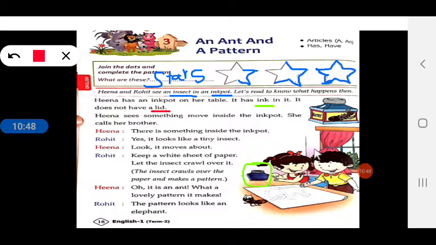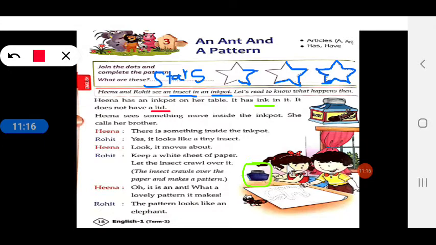So she calls her brother. As soon as she sees something moving inside the ink pot, she calls her brother. Who is her brother? Rohit. Rohit is Hina's brother. She calls her brother to show it. What is there inside this ink pot? Hina says, there is something inside the ink pot.